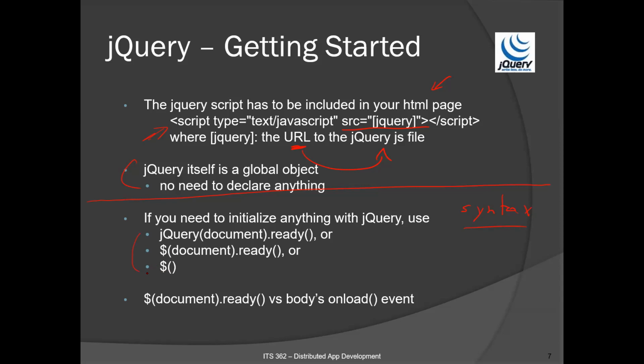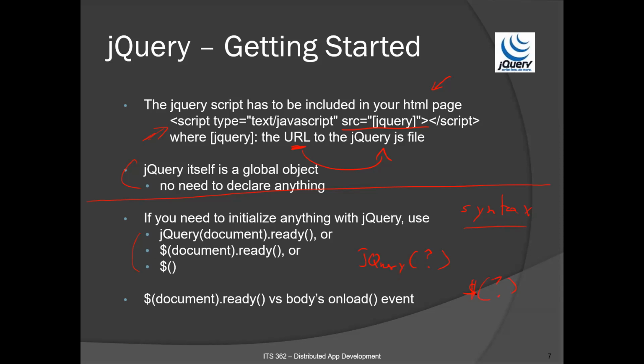The idea is you're going to grab something within parentheses, whatever it is, and you'll see there's a lot of things. You grab something within parentheses, and then you make it into a jQuery thing by either typing jQuery there, or you can just use the $ sign.